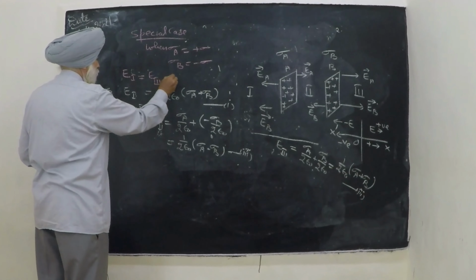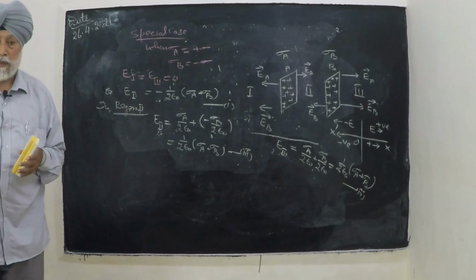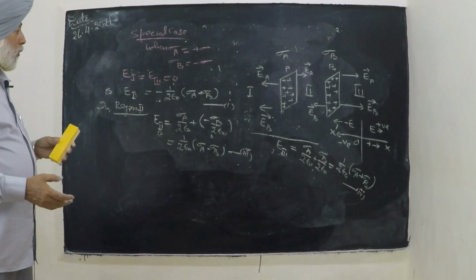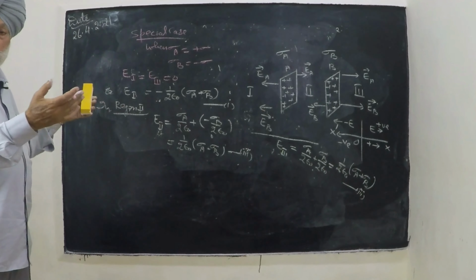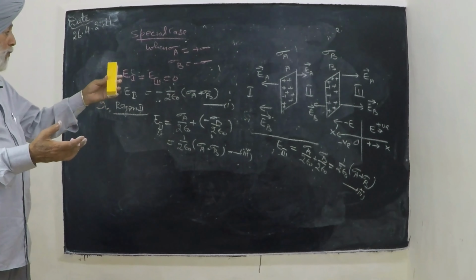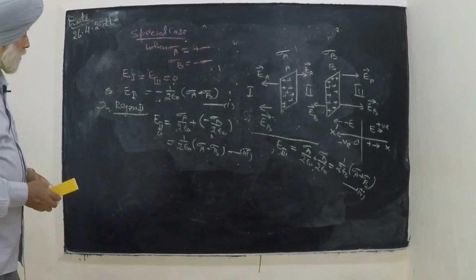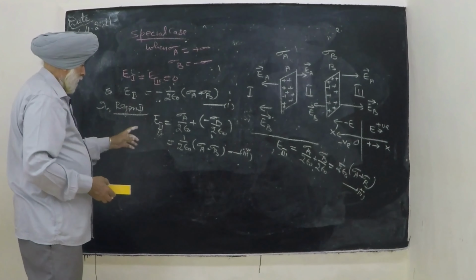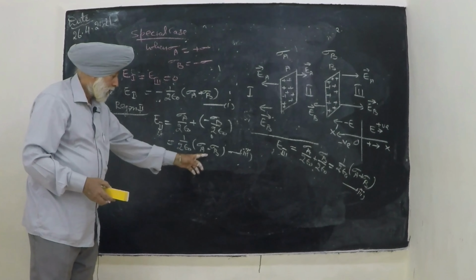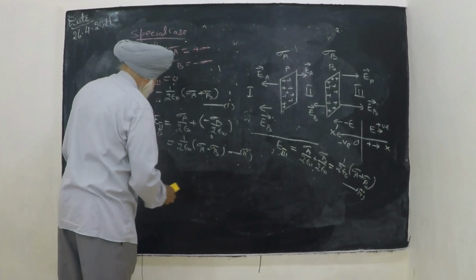It means no electric field exists outside the two sheets, that is in the region to the left of both the sheets or to the right of both the sheets. But what will be the electric field intensity in region 2?